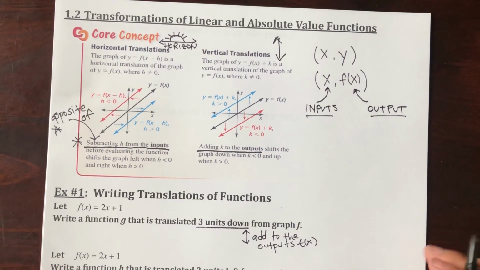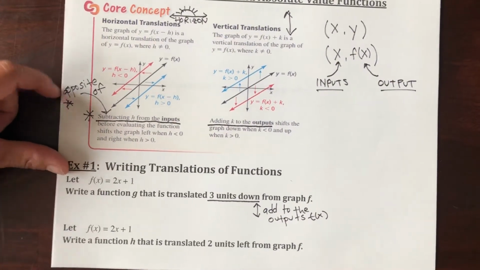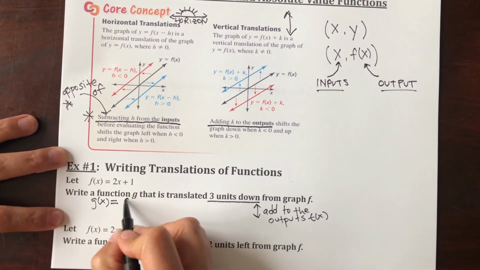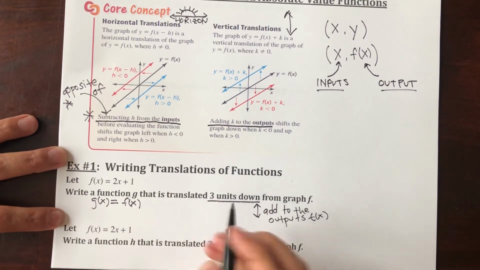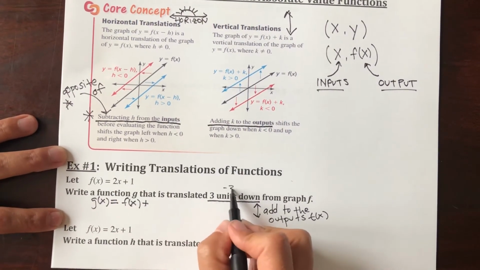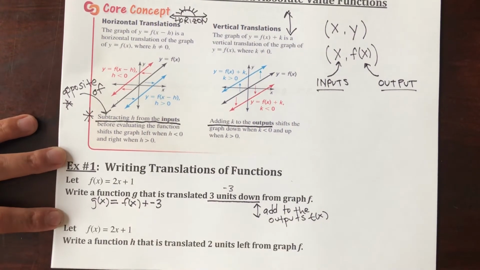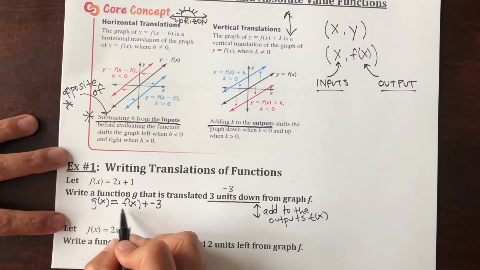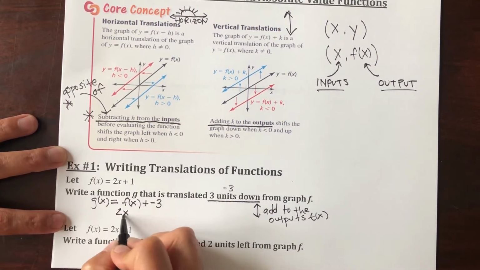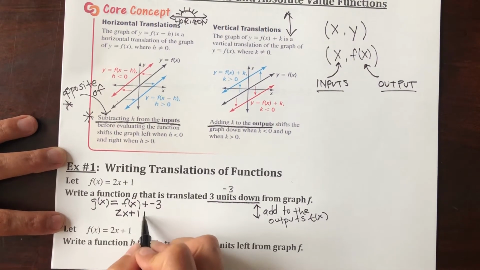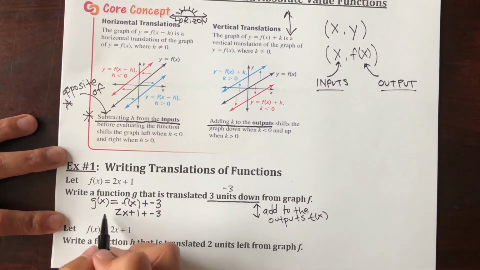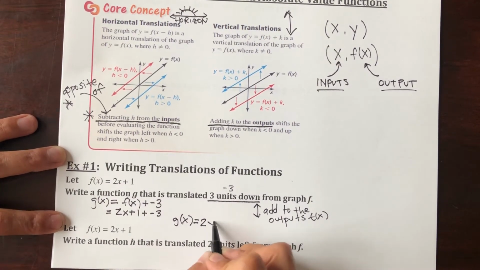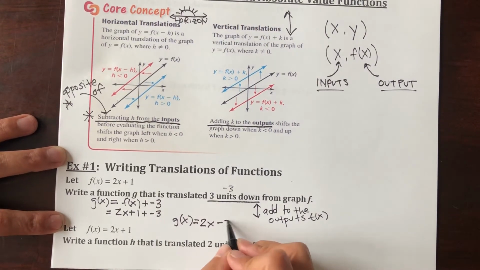So our new function g of x is equal to our output f of x plus, and 3 units down would be negative 3, so we're going to add a negative 3, or subtract 3. Since our output is 2x plus 1, we'll replace f of x with 2x plus 1 plus that negative 3. So our new function g of x is equal to 2x plus 1 minus 3, which would be 2x minus 2.